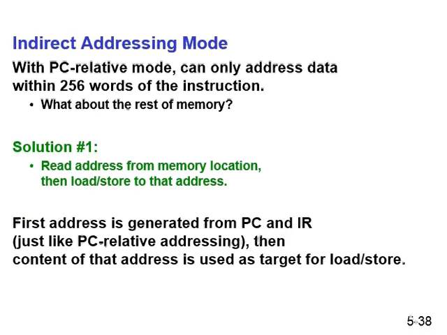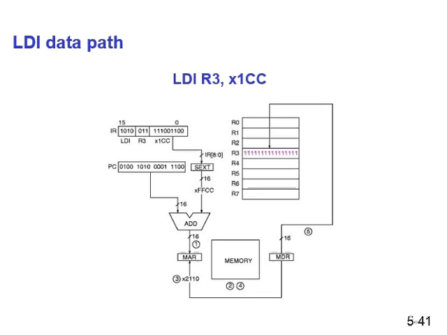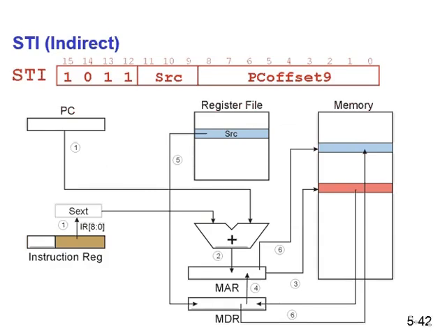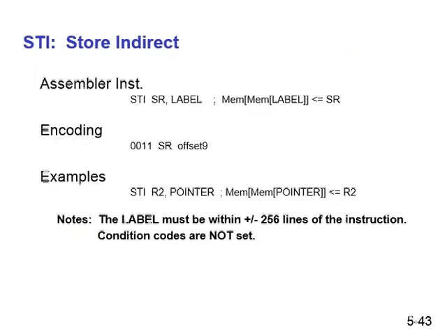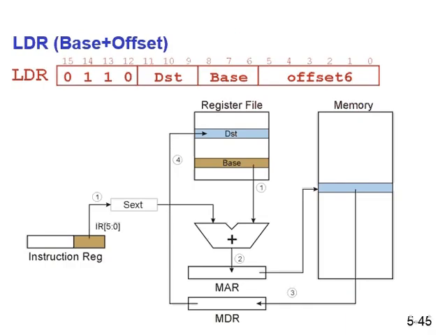For the indirect addressing mode, we use another location to store the address of a location. For base-offset addressing mode, we use another register as a base.